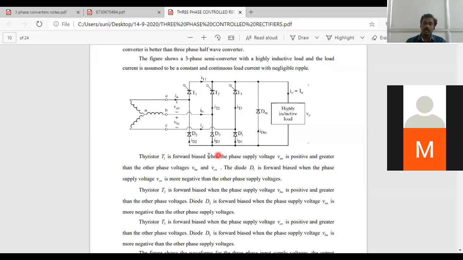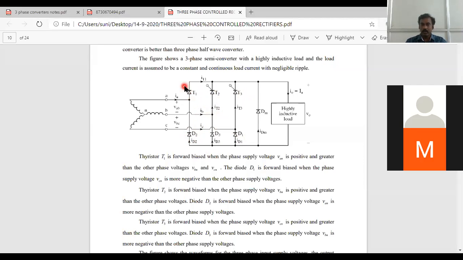Okay, so if D3 is in conduction, the source is going to be shorted. So this D3 will never be in conduction when T1 is in conduction. So that means the same leg devices will never be in operation at the same instant. T2, D3 will never be in operation, T3 and D1 will never be in operation, and T1 and D2 will never be in operation at the same instant.